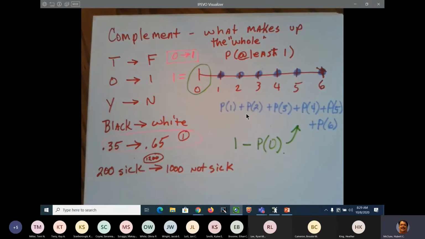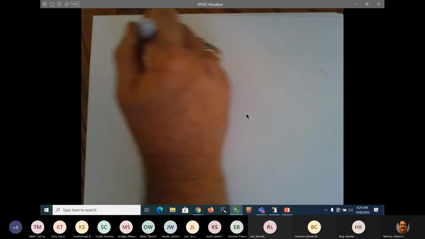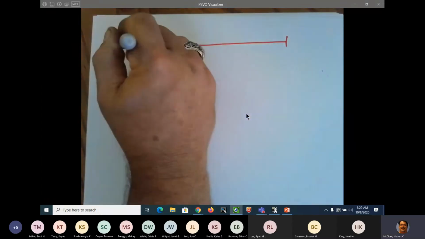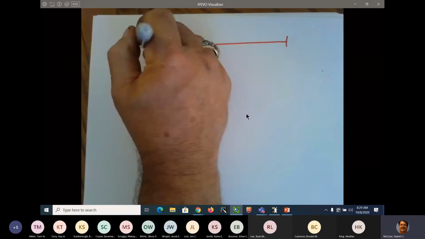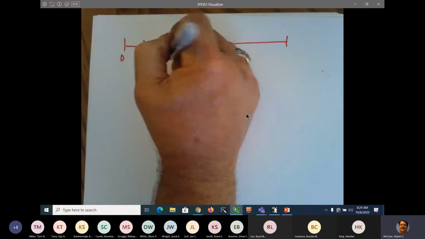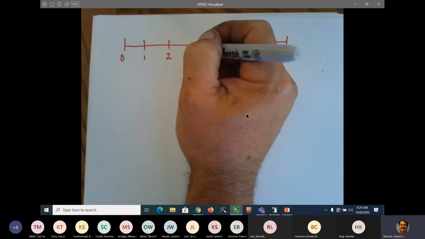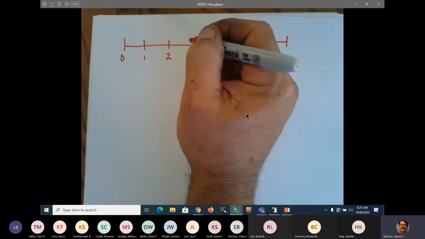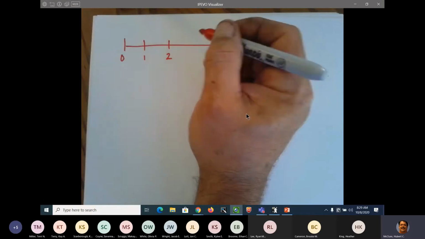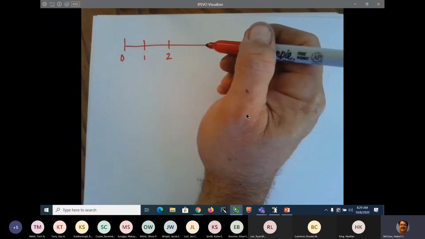Let me do one more just so you'll see. Now, I'm going to show y'all how to draw a number line, and there's going to be about 5 of y'all that are not going to understand what I'm saying, and I'm going to ask you, did you draw a number line? And what are you going to say?